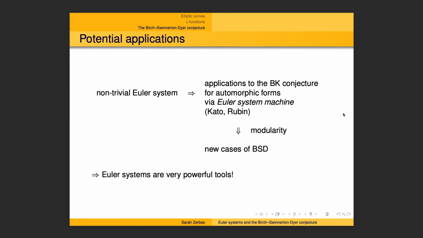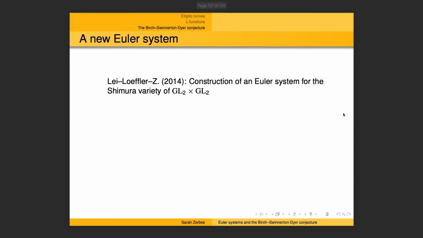Until about 9 years ago, there were precisely 4 examples of Euler systems. Okay. So, well, in 2014, together with Antonio Lei and David Loeffler, we constructed a new Euler system for the Shimura variety of GL2 times GL2.